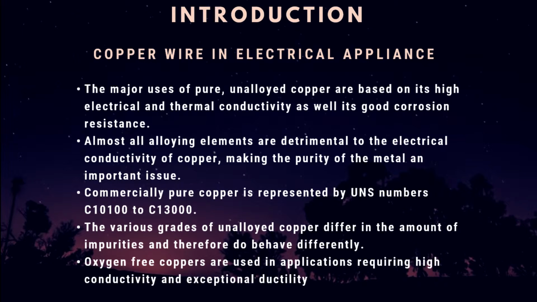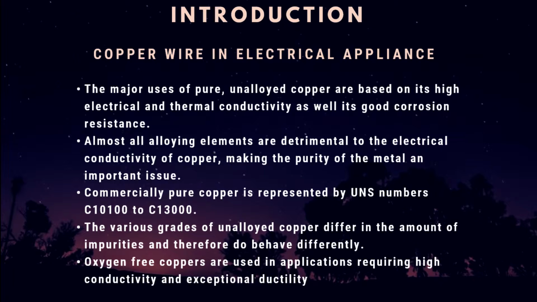Introduction. Copper wire in electrical appliances. The major use of pure unalloyed copper are based on its high electrical and thermal conductivity, as well as good corrosion resistance. Almost all alloying elements are detrimental to the electrical conductivity of copper, making the purity of the metal an important issue.